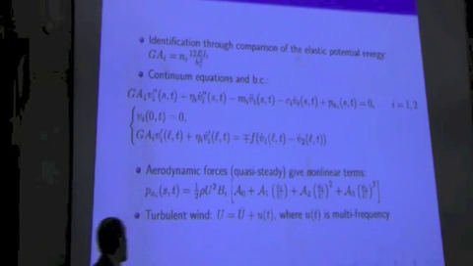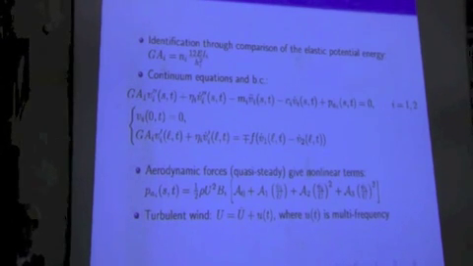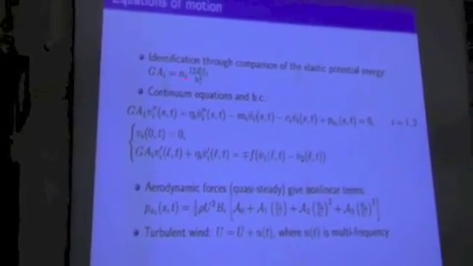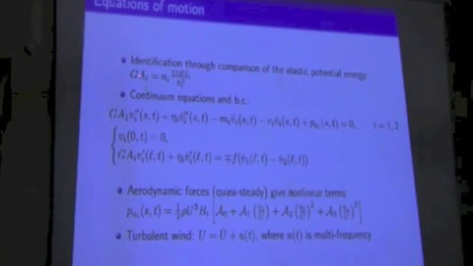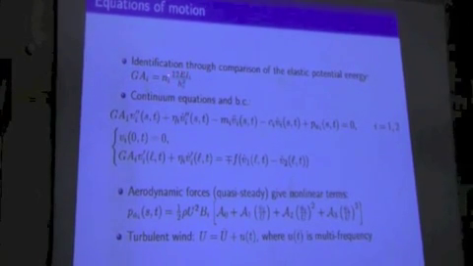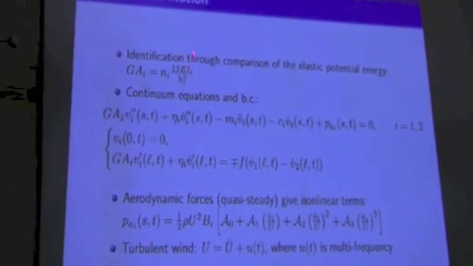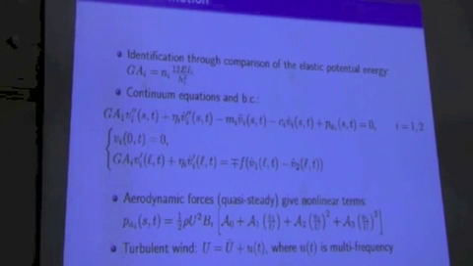And to do so, we apply an identification through comparison of the elastic potential energy between the refined and coarse models. So we obtain this expression for the shear stiffness, in particular depending on the number of columns for each story, the bending stiffness of each column, and the inter-story height.